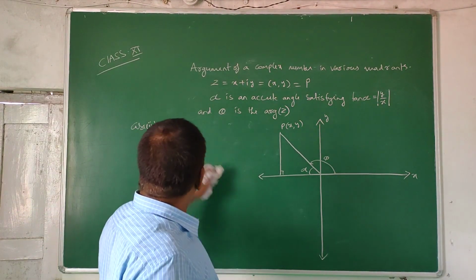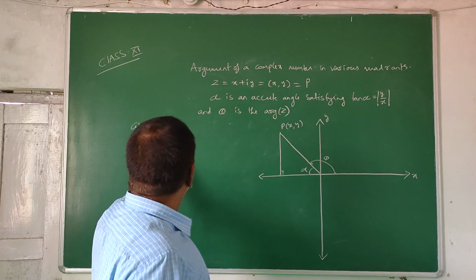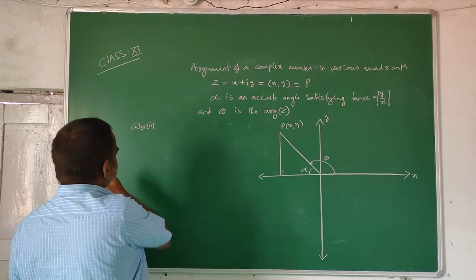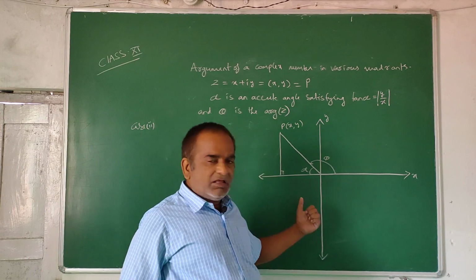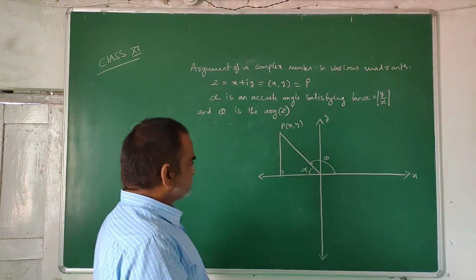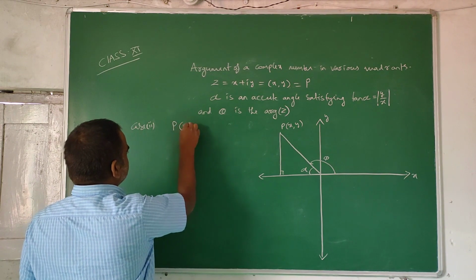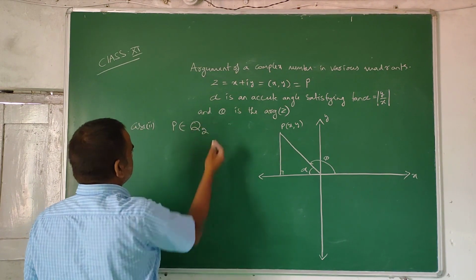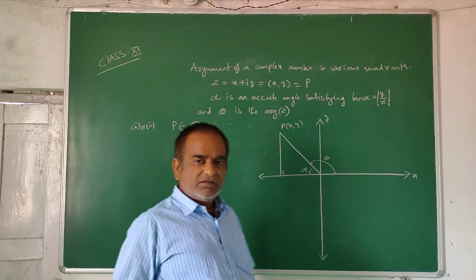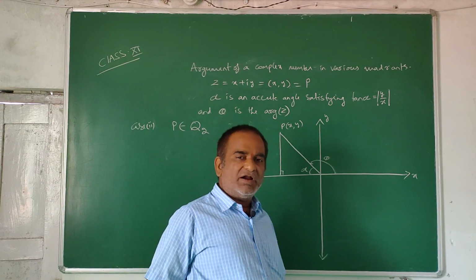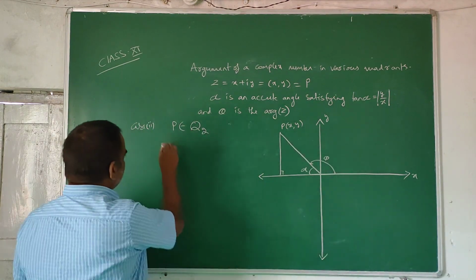Dear students, now we are discussing case 2. Case 2 is when P belongs to Q2. The point P is in quadrant 2. Then what will happen?